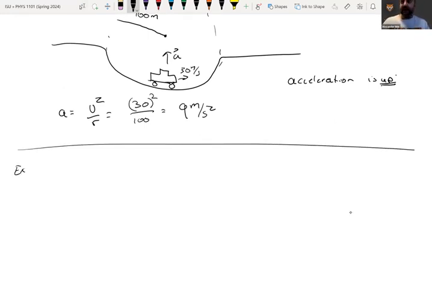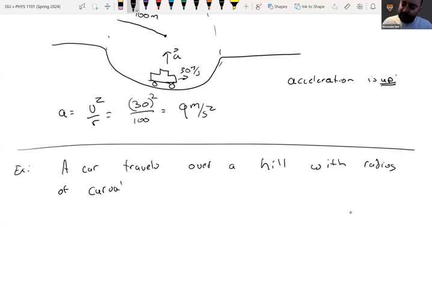So this would be another example. A car travels over a hill. And I'll actually just use the same numbers, with radius of curvature 100 meters at a speed of 30 meters per second.